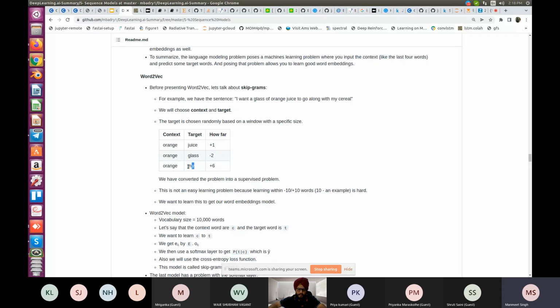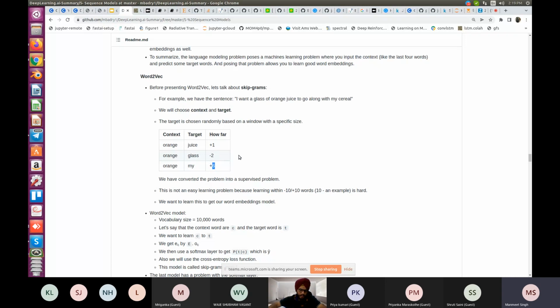For the word my as target, if you use the word orange as context, your distance would be +1, +2, 3, 4, 5, 6. So this is 6 steps ahead of the word orange.